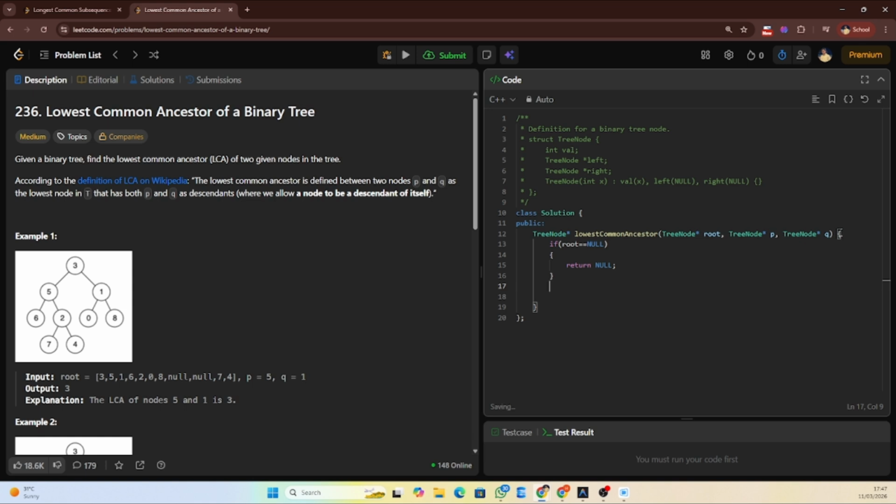And then, if P equals root or Q equals root, is it the correct case?